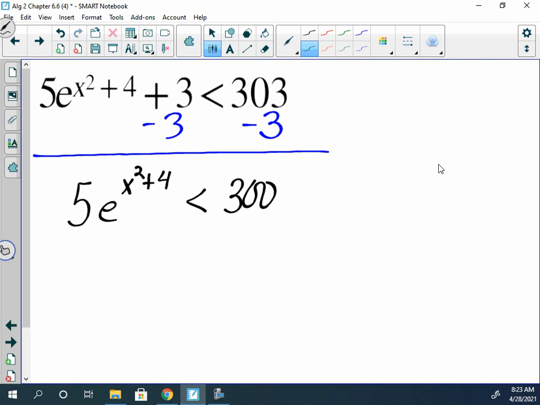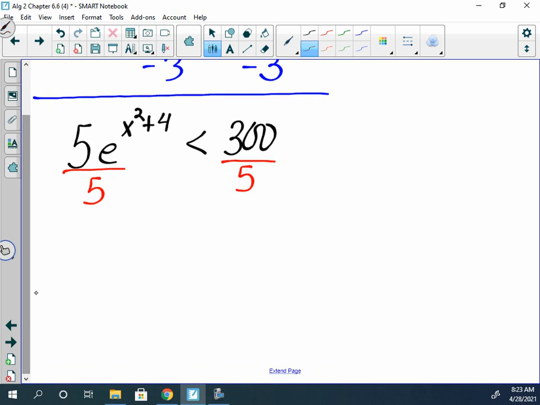And then we would divide by 5. And now e to the x squared plus 4 is less than 60. And I picked 303 for a reason, because once we get e by itself, it'll equal a whole number. We're not dealing with fractions.